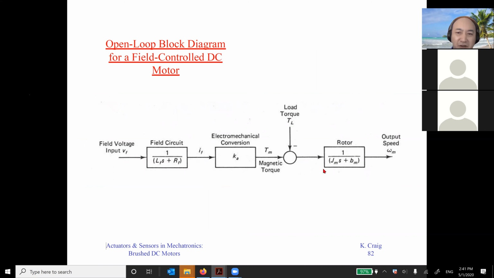For field control, it's a little bit different. You have field voltage V_f going through the field excitation circuit, giving i_f. Then you have electromechanical conversion, and you get the magnetic torque, and you have minus. So this is more clear cut. Again, we close the loop with omega desired, so minus.